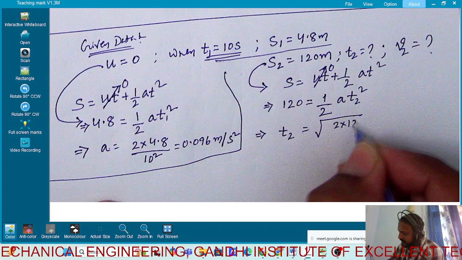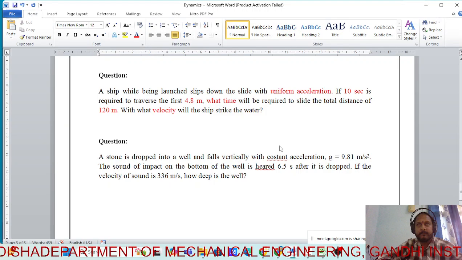The question is clear. The question is: a stone is dropped into a well and falls vertically with constant acceleration. So G is equal to how much? It is dropped.